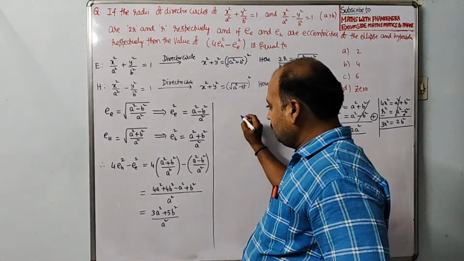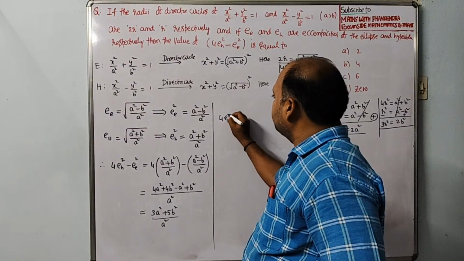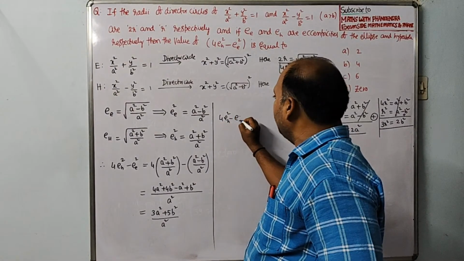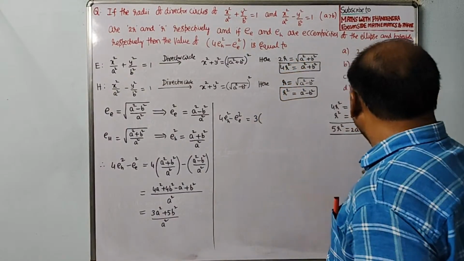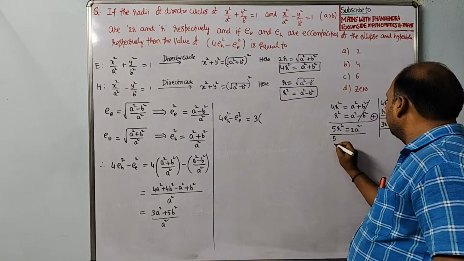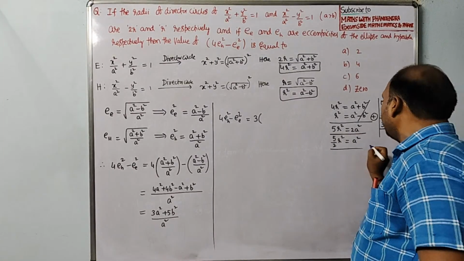Therefore, 4EH square minus EE square is equal to 3 into a square value from here, 5 by 2 r square is equal to a square.